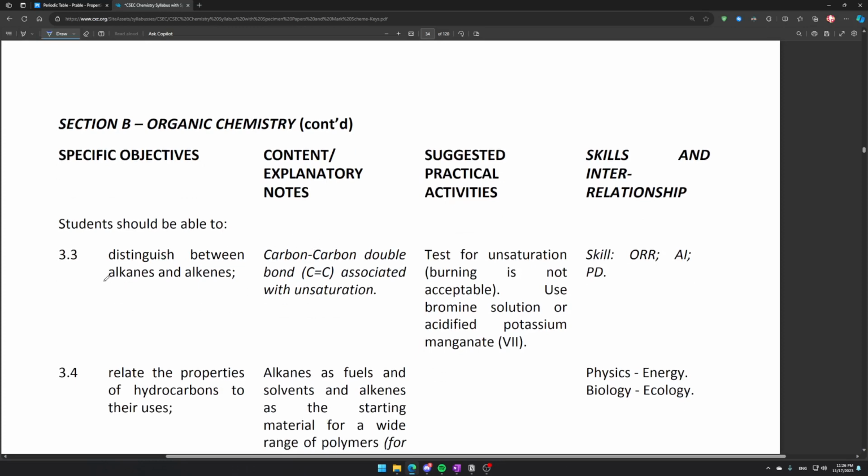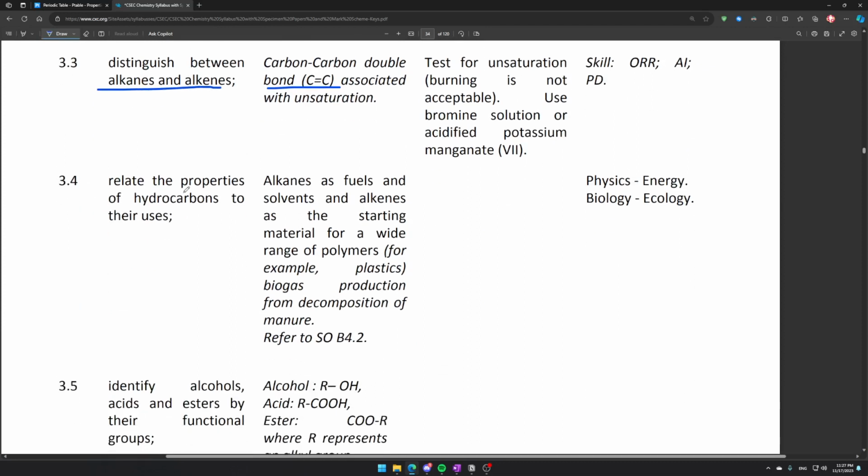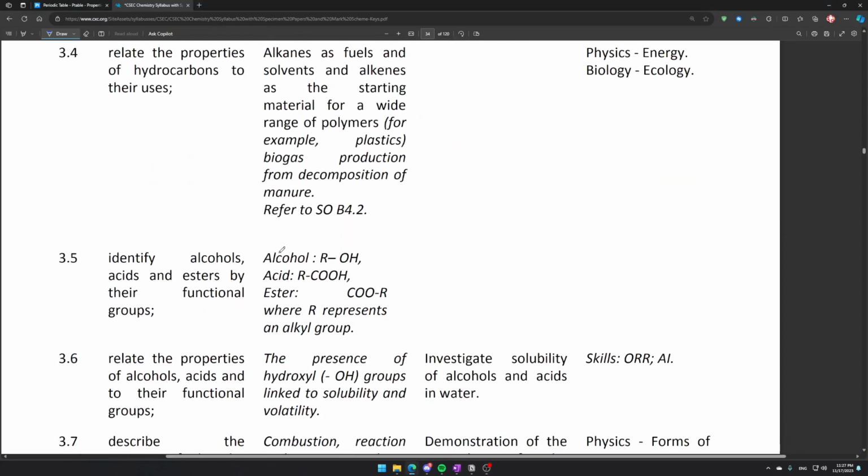Distinguish between alkanes and alkenes. So the alkene has the double bond. Relate the properties of the hydrocarbons to their uses. If you weren't too satisfied with how I put it, there's hundreds of tables available in textbooks that you could get the information from. I can't go over everything if I want to keep these somewhat short form, and we're about to cross 30 minutes.